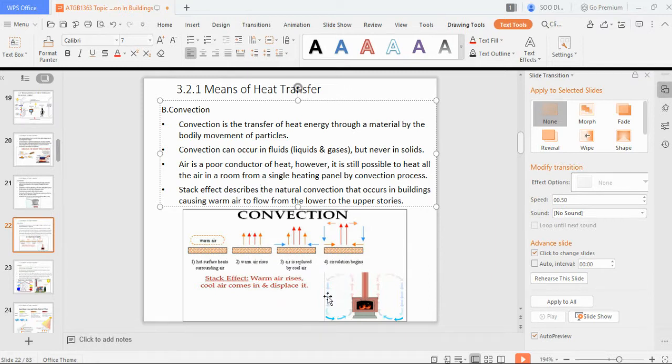So when you heat up or cool down something, this stack effect will always be present. Even in a fire, warm air will always go up and cold air will always be at the bottom.